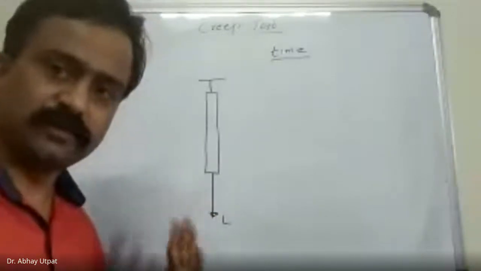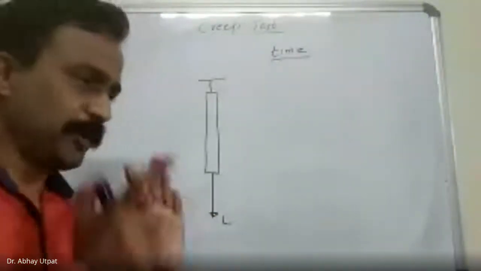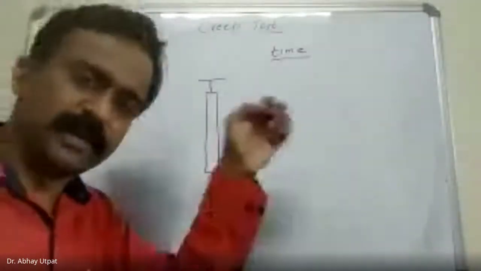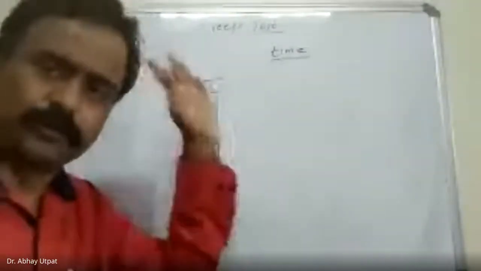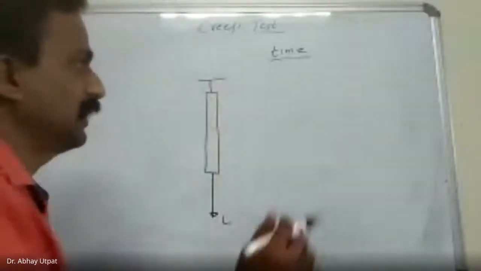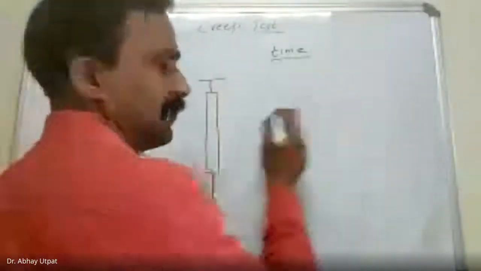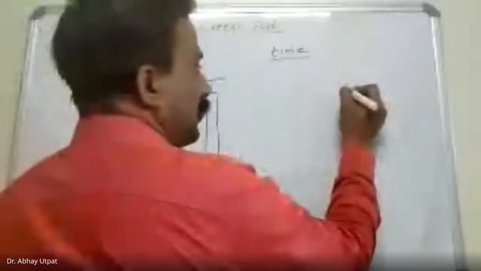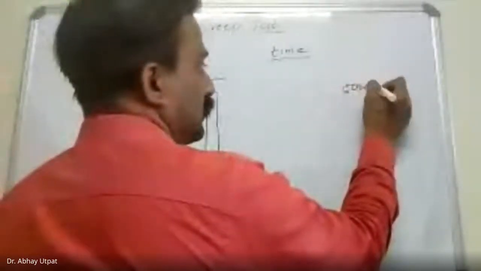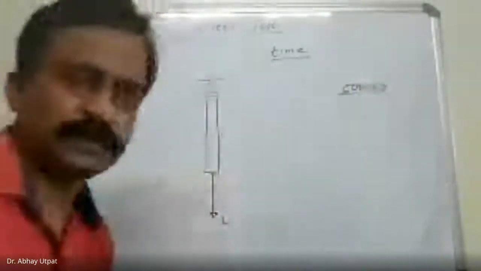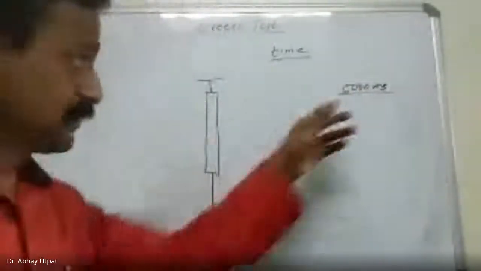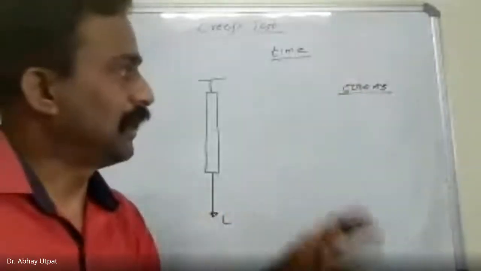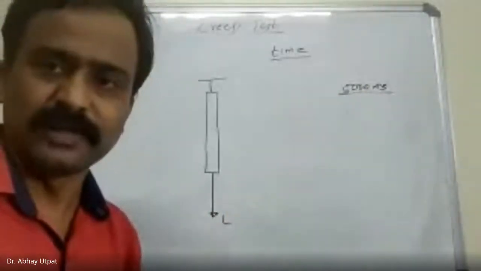It remains there for a long time. So for 50 degrees Celsius, suppose I have taken the reading. I wait for a few months, and it is observed that it starts deformation at around, suppose, 5,000 hours. 5,000 hours means approximately how many days? 5,000 divided by 24 is around 200 days.